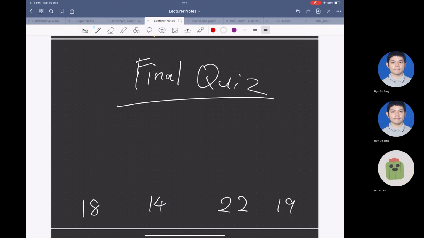So 10 front, 10 at the back. Bonus only add to the second page. Okay, let's start now. Let's aim to stop at 6:32. 15 minutes.